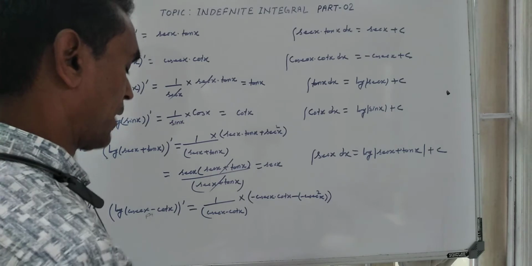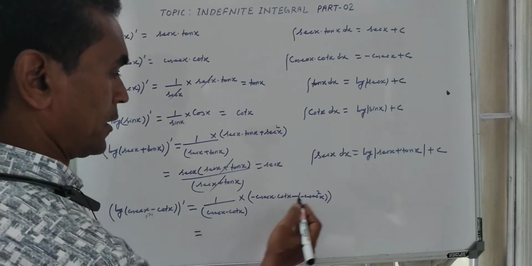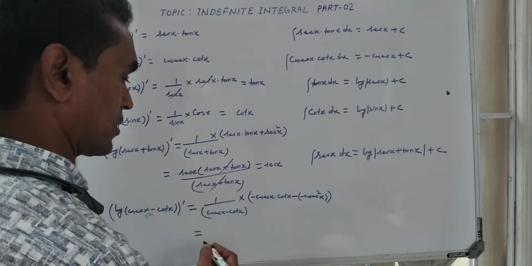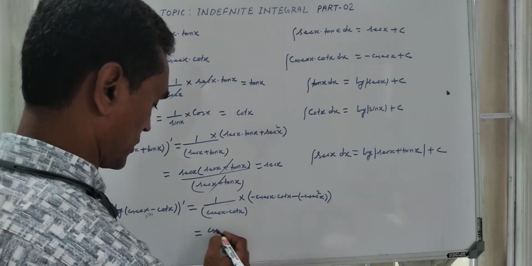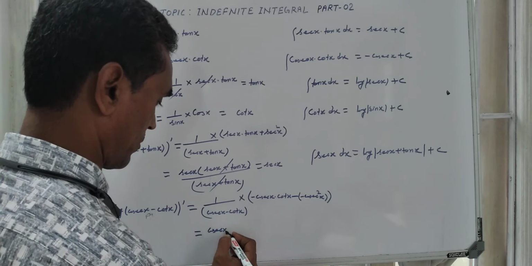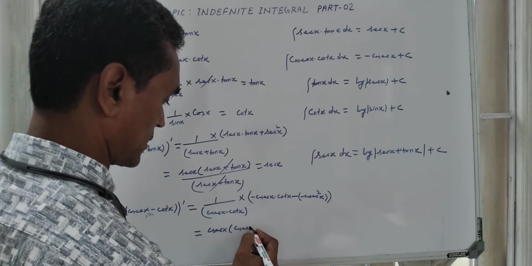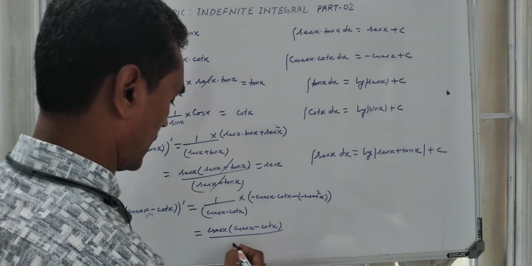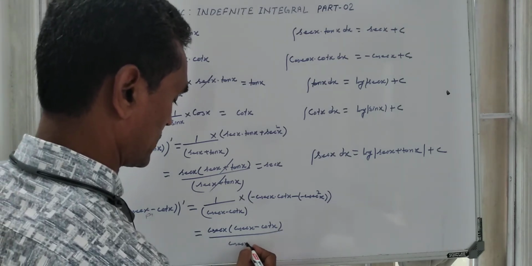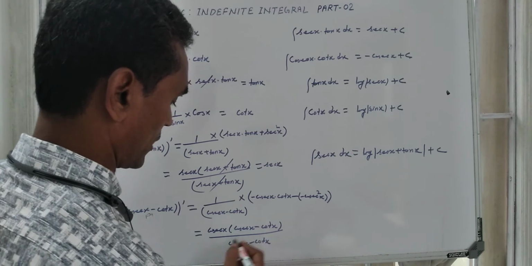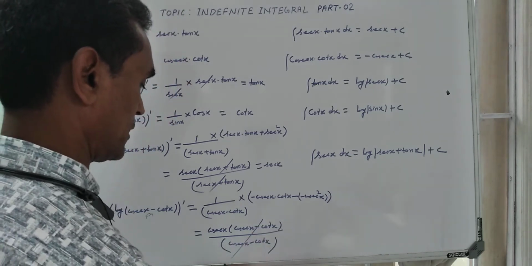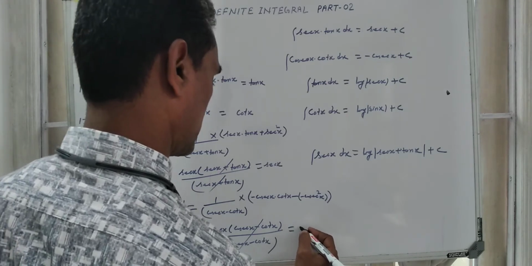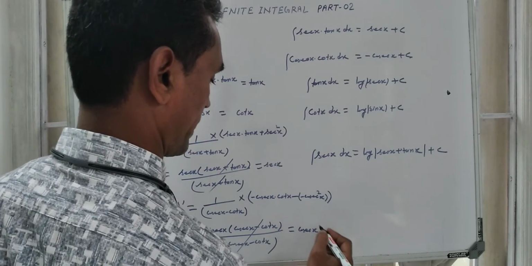If we simplify this, here it will be plus. If we take cosec x common, then cosec x minus cot x by cosec x minus cot x, you cancel this, the final result you will get cosec x.